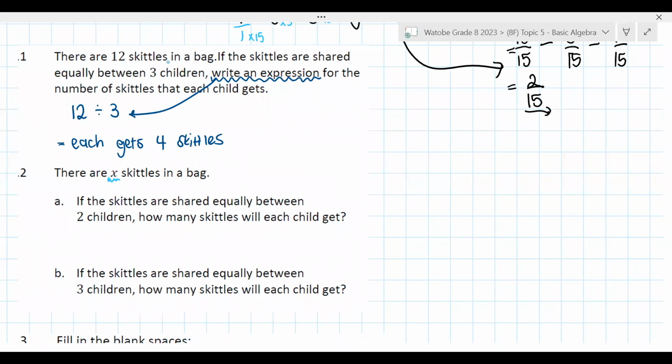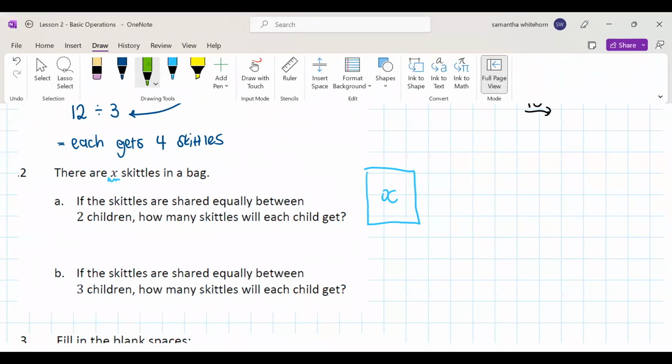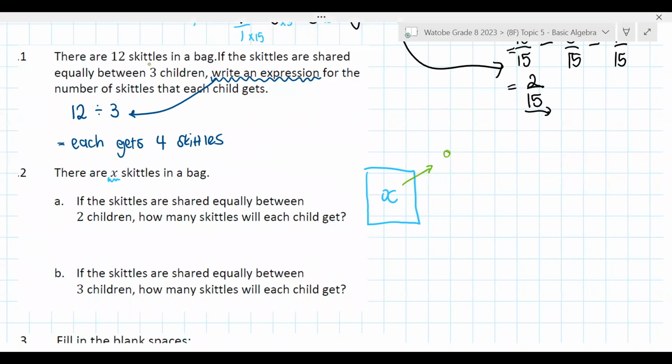Okay, guys, I think some of us aren't listening because, like I said, we're doing division at the moment. But let's have a look here. If we look at this as a picture, in my bag I've got X Skittles. I need to give half the bag to one child and half the bag to the other child.